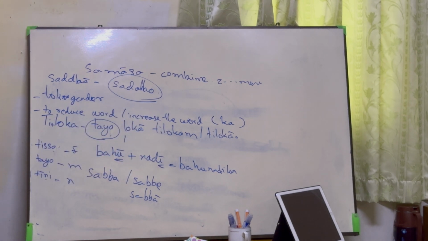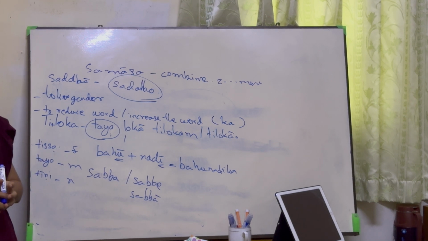So when we insert ka, while Bahu plus nadī, we need to increase the ka. So automatically ka.